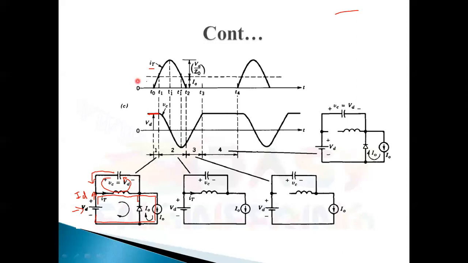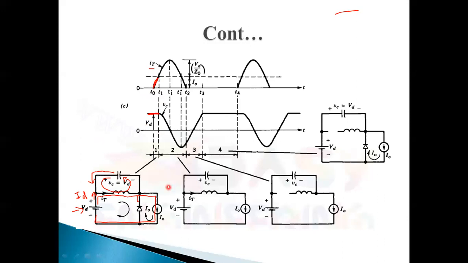So from T0 to T1 time, the current is injected into this inductor and the waveform of the current is increasing, up to T1.